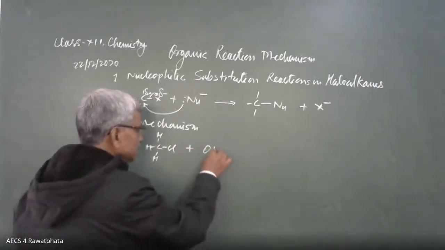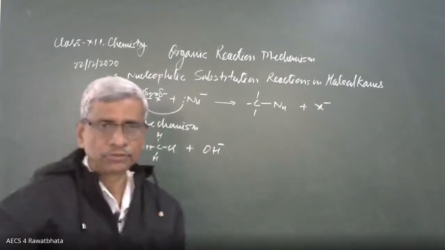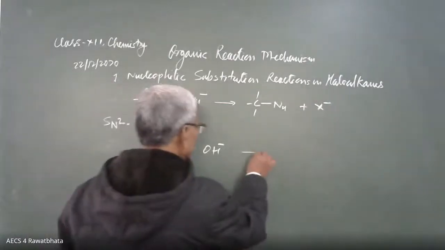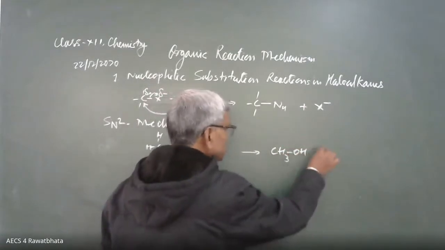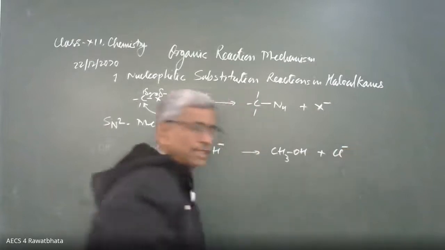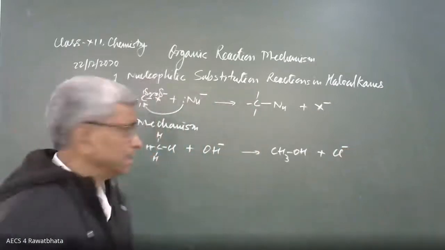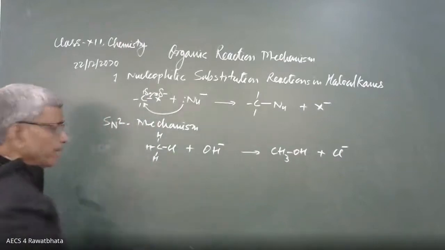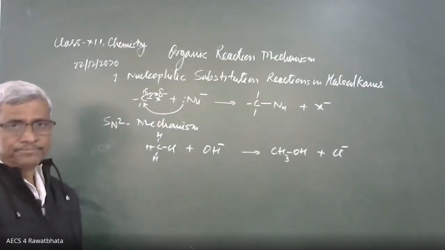Plus OH minus, aqueous KOH or aqueous NaOH, substitution. It is going to form CH3OH plus Cl minus. If it is KOH, we get KCl. This SN2 mechanism is followed by 1 degree haloalkane, preferably.